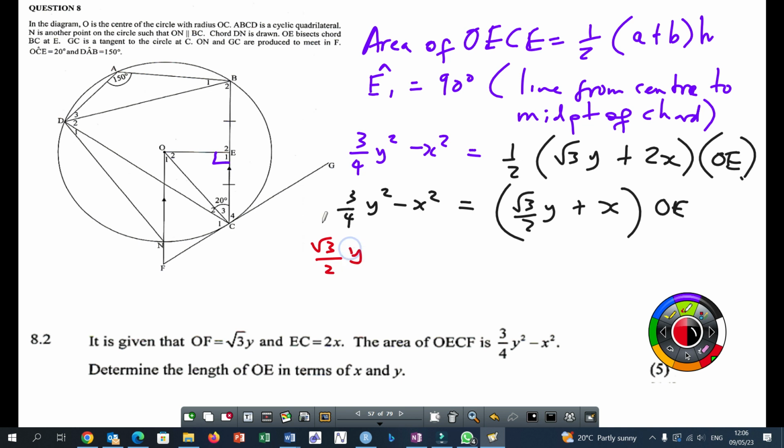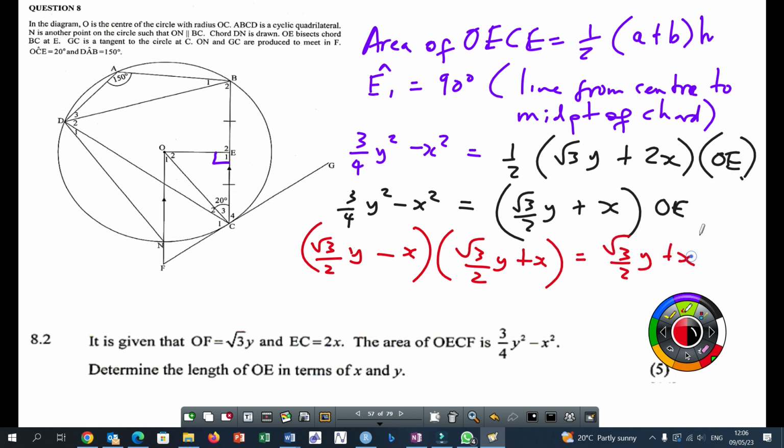The square root of y squared is y. Then here you are going to end up having x times the square root of 3 over 2y plus x, equal to the square root of 3 over 2y plus x times OE. Is that making sense?